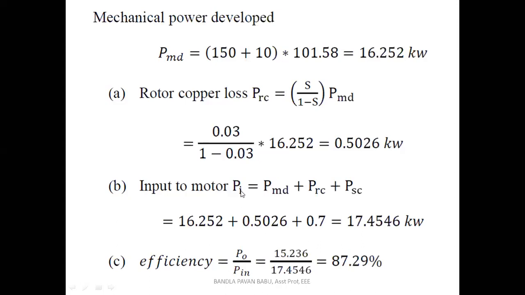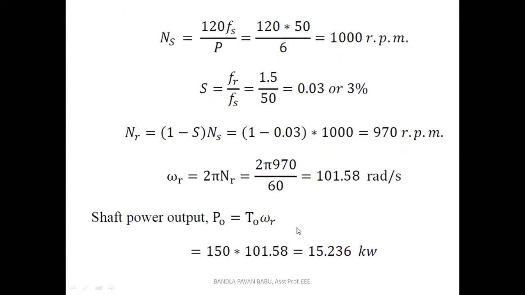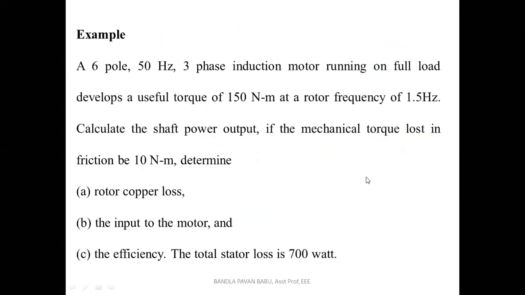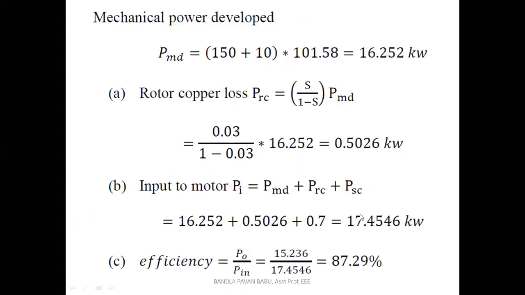Okay, and the input to the motor is a combination of mechanical power developed and the losses. So this is the copper losses and these are the stator losses. They have given the stator losses as 700 watts. We have converted into kilowatts, so that is 0.7. So substituting these three values, that is the mechanical power developed, the stator losses, and copper losses, this is the input to the motor.